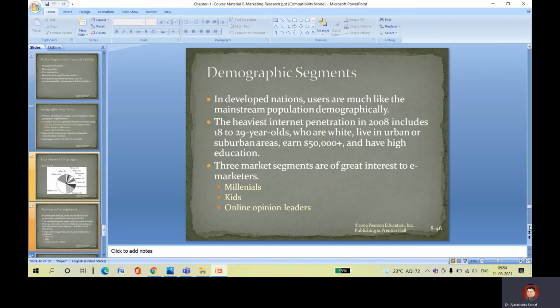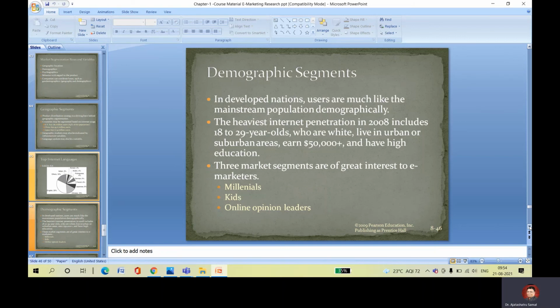These are the different factors we need to focus on under demographic profiling. Online opinion leaders are the main contributors of information to companies, so that they can do a better strategy under e-marketing.